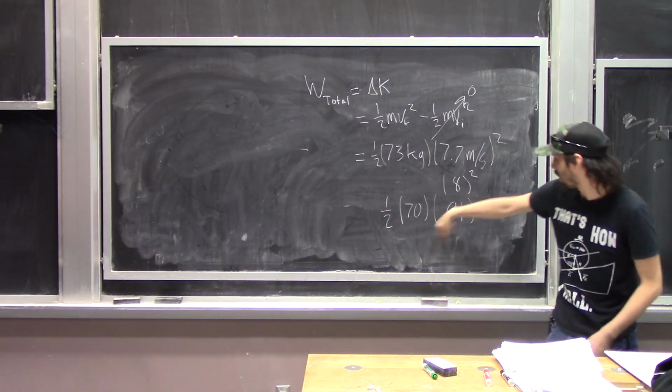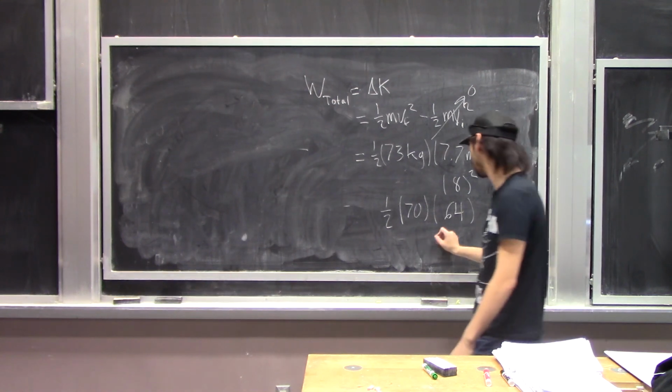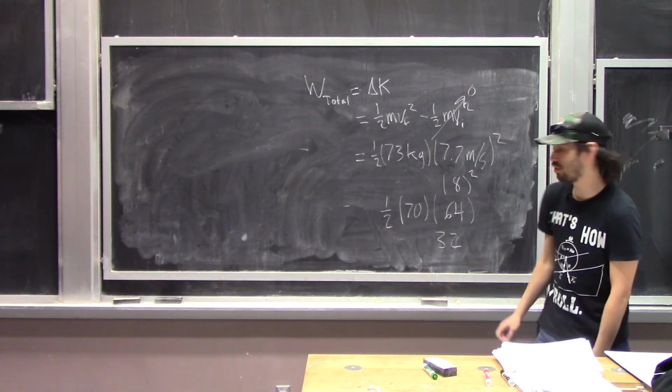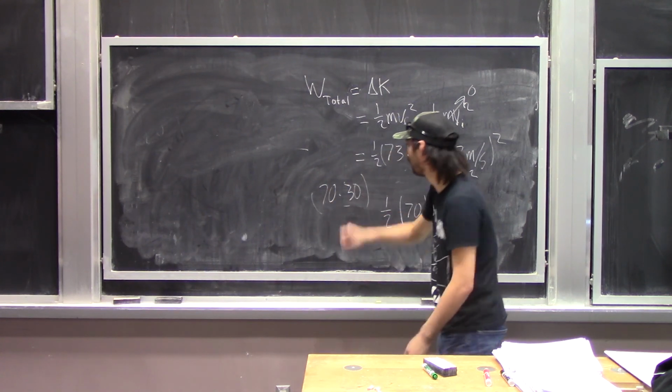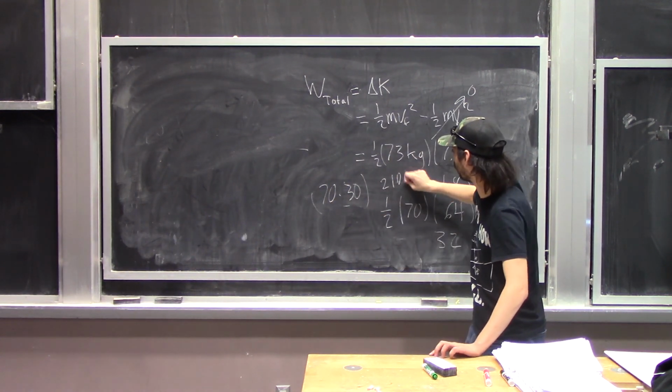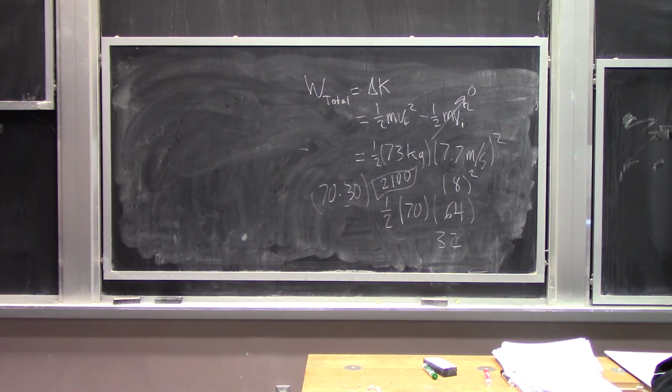Okay. So now that we have this here, what's 1/2 of 64? 32. What's 32 very close to? 30. What is 70 times 30? 21,000. And so if you practice thinking about the math that way, you can do these kinds of MCAT style problems, where the answers are far apart from each other, right?